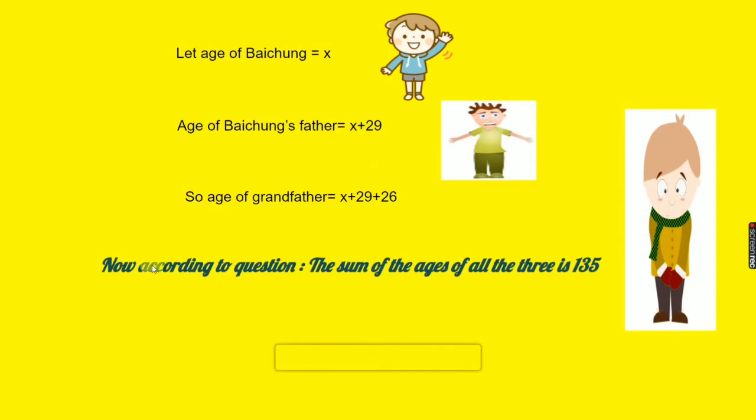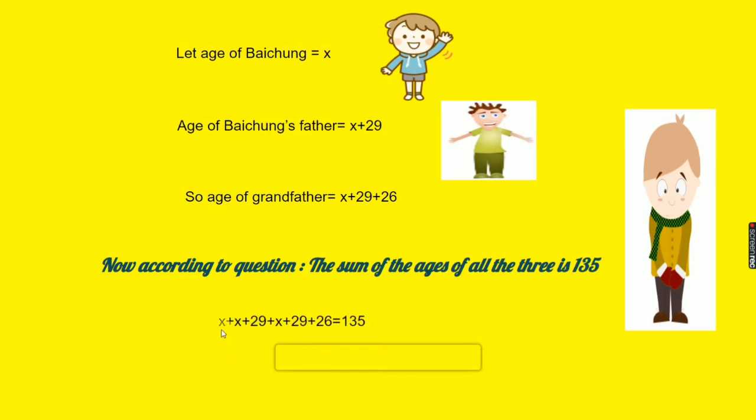So now our question says that the sum of the ages of all the three is 135. So let us add the ages of all three, that is Baichung, his father and his grandfather.